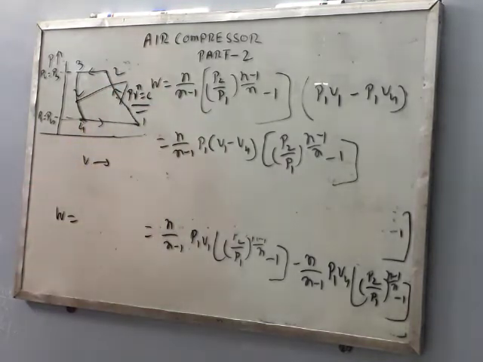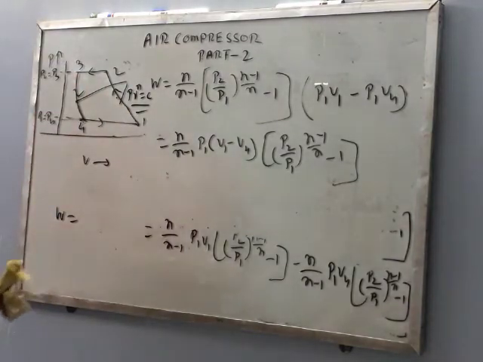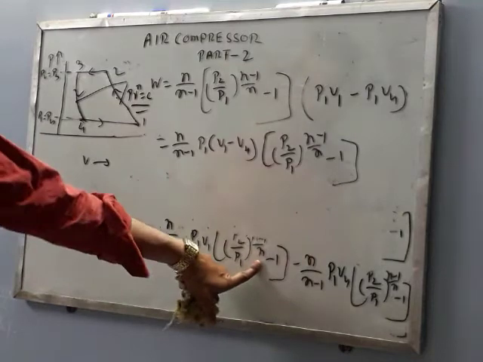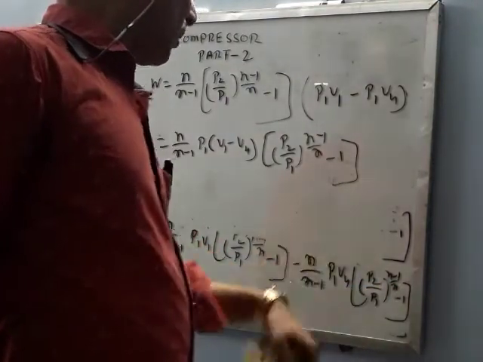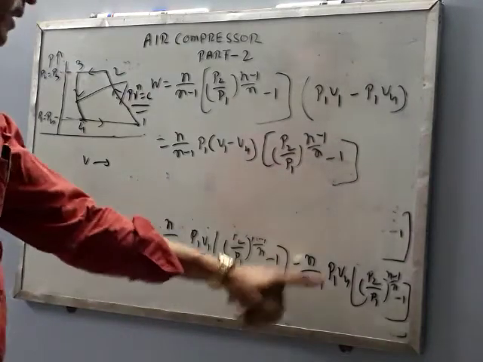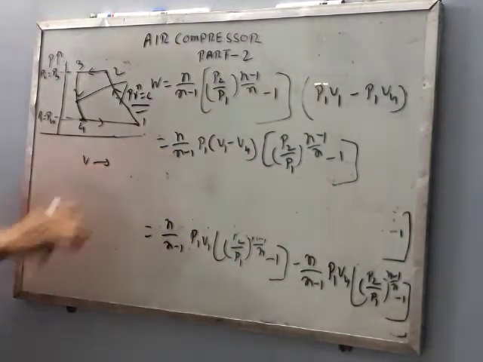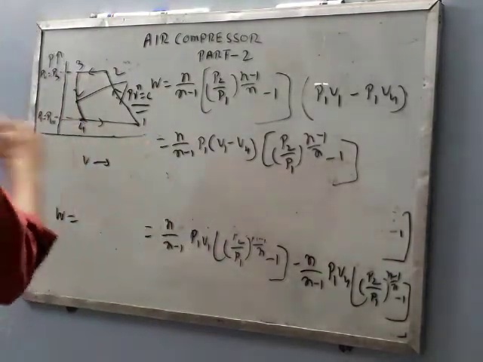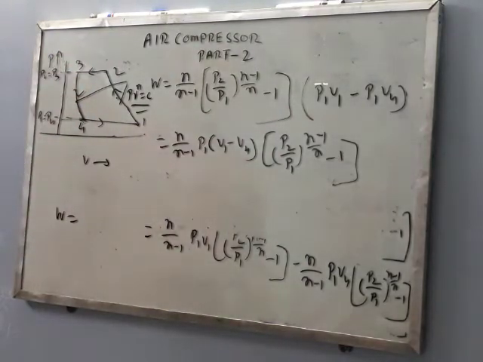If it is another law, then one is n1 and another is n2, so that calculation will be n1 minus 1 divided by n1 and n2 minus 1 divided by n2. So simply this is the work done with clearance. So friends, this is the most important in your coming exam.